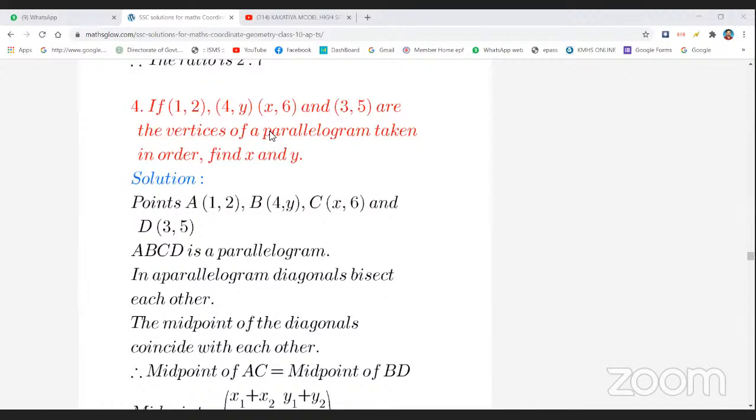Let us draw a rough diagram. It is a parallelogram.